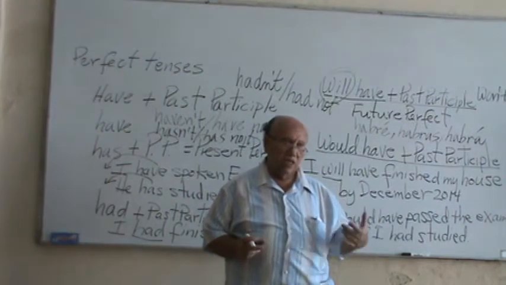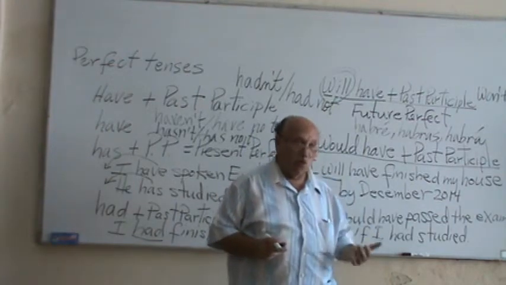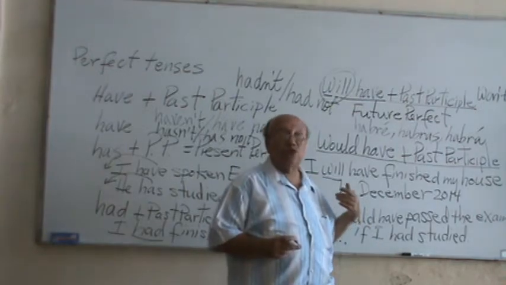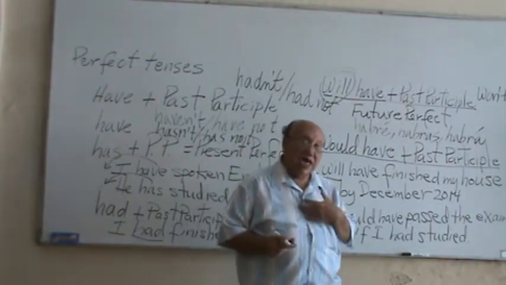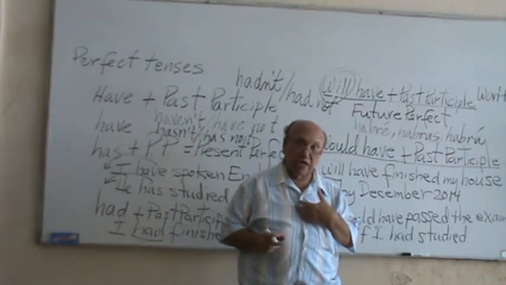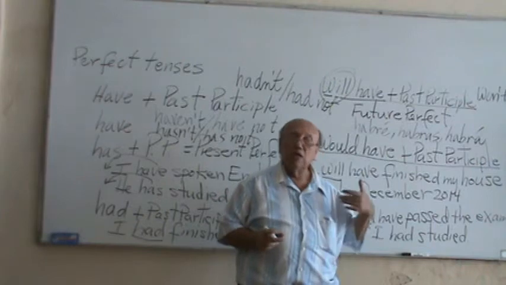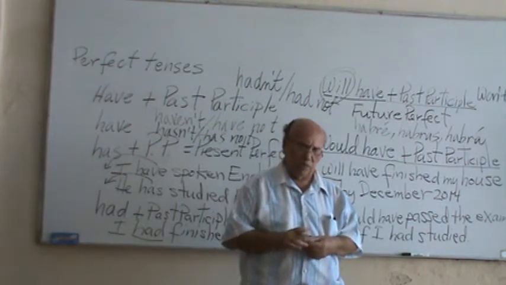You wouldn't have. He wouldn't have, etc. For the questions, we say would you have finished? Would I have finished? Okay? It is important to use would plus subject plus have plus the past participle.